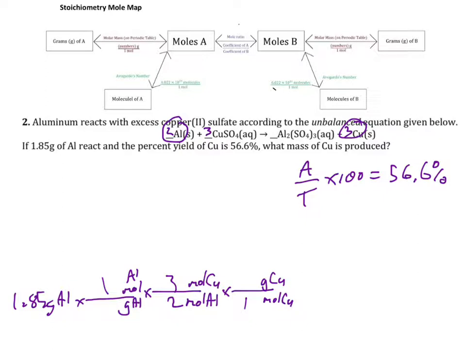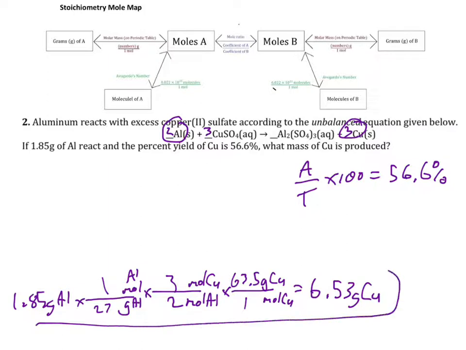We use the molar masses here, which this is about 27, and then this is about 63.5. Okay, then we type this in our calculator. And you end up getting 6.53 grams of copper.